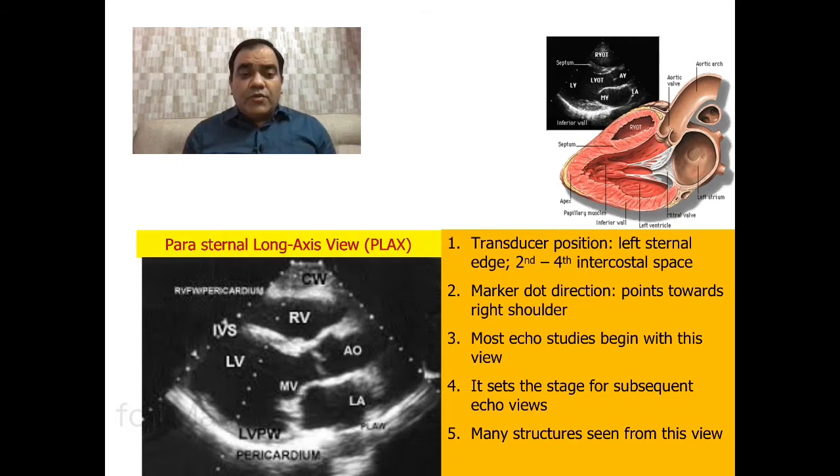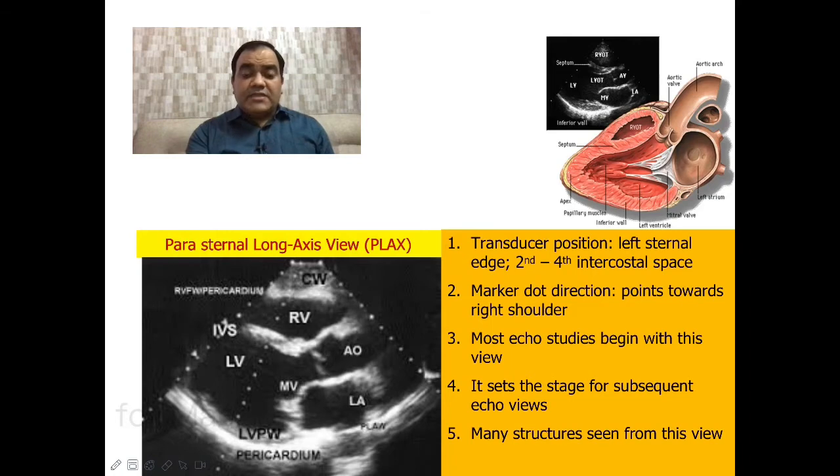Now come on to the most commonly used parasternal long axis, that is PLAX view. In this, the transducer position is at the left sternal edge in the second to fourth intercostal space. The marker dot is directed towards the right shoulder, and most echo studies begin with this view. It sets the stage for subsequent echo views and many structures are seen from this view.